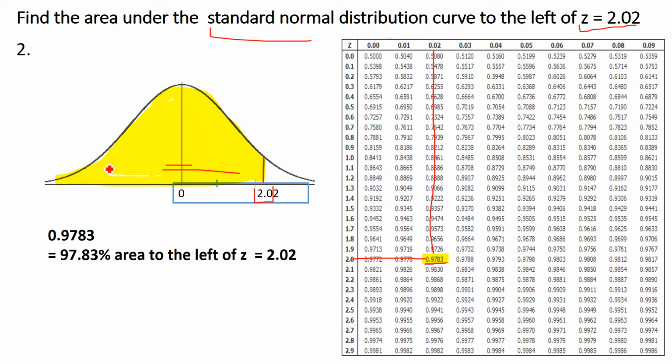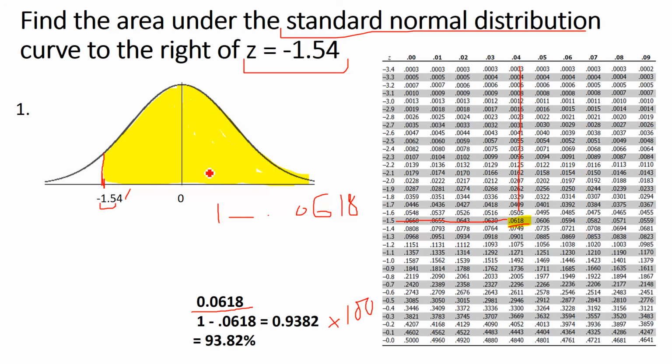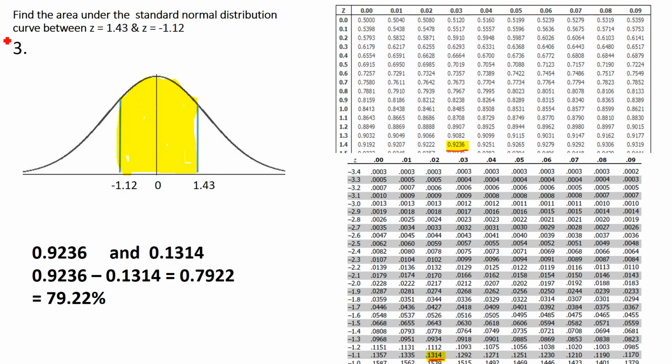This is left, right? If you are finding the area on the left, there is no need to subtract this value from 1. But if you are finding the area on the right, yes, you have to subtract the value from 1. The third is to find the area under the standard normal distribution between these two values. I have told you between.